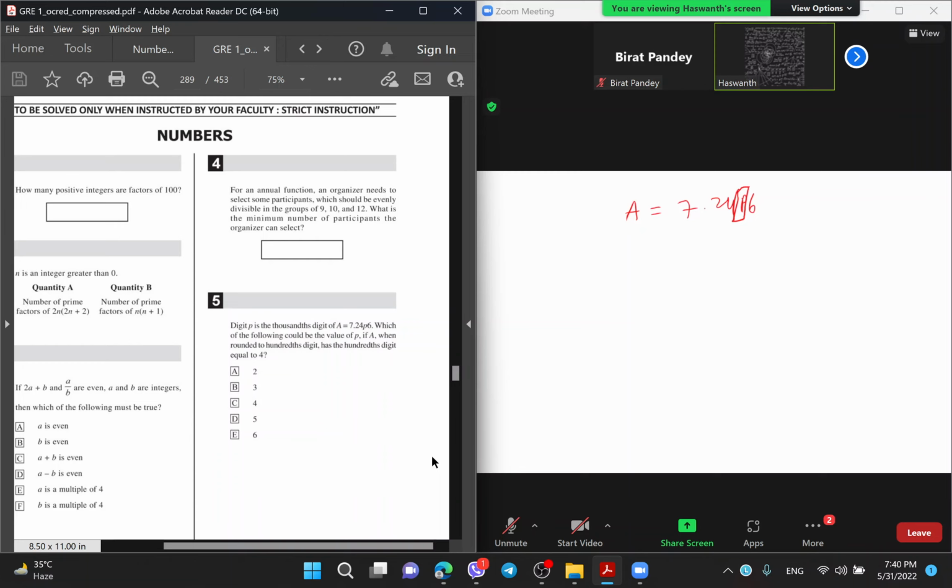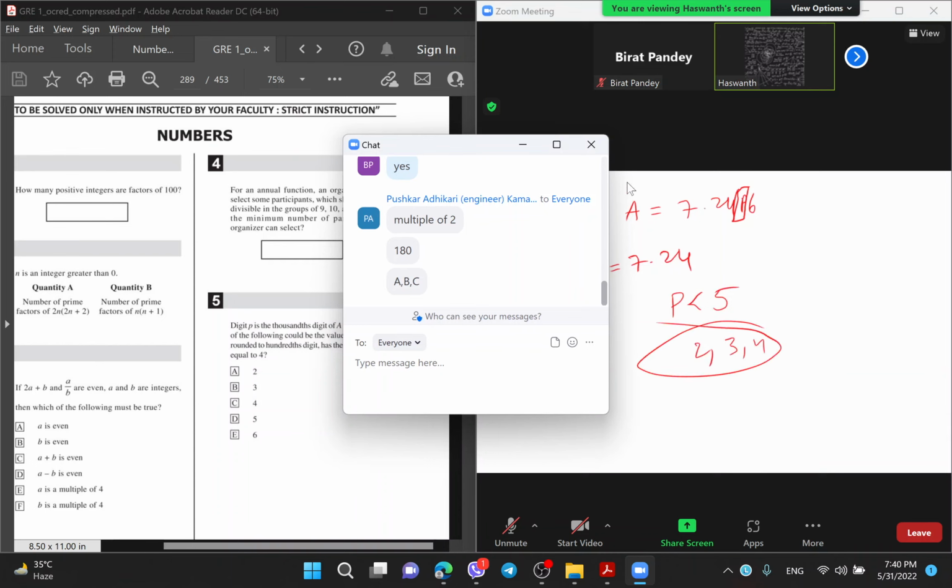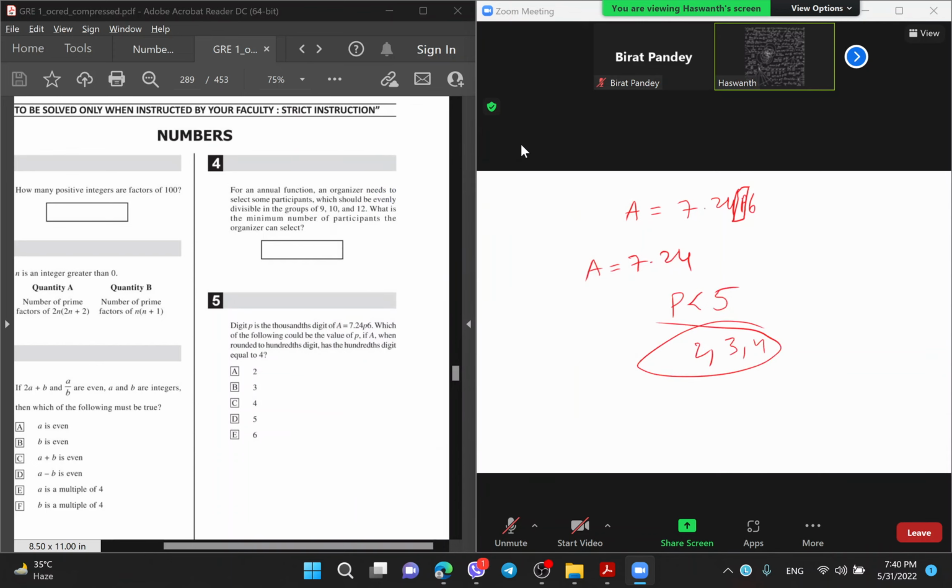So according to him, when rounded off to the hundredths digit, it is 7.24. Means we are writing it as it is. You would write it as it is when this P is less than 5. According to the options, we select 2, 3, 4. A, B, and C. So direct application of that rounding off concept.